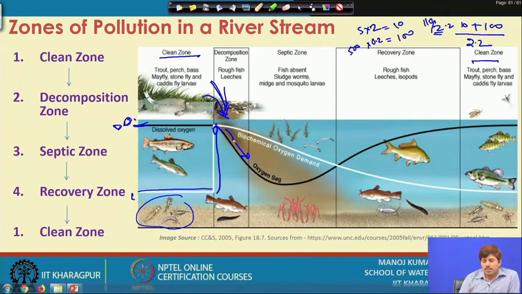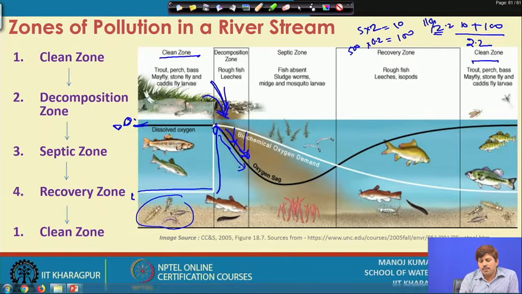These microorganisms will start decomposing organic matter, and for the purpose they will consume oxygen. It is generally aerobic microorganisms.